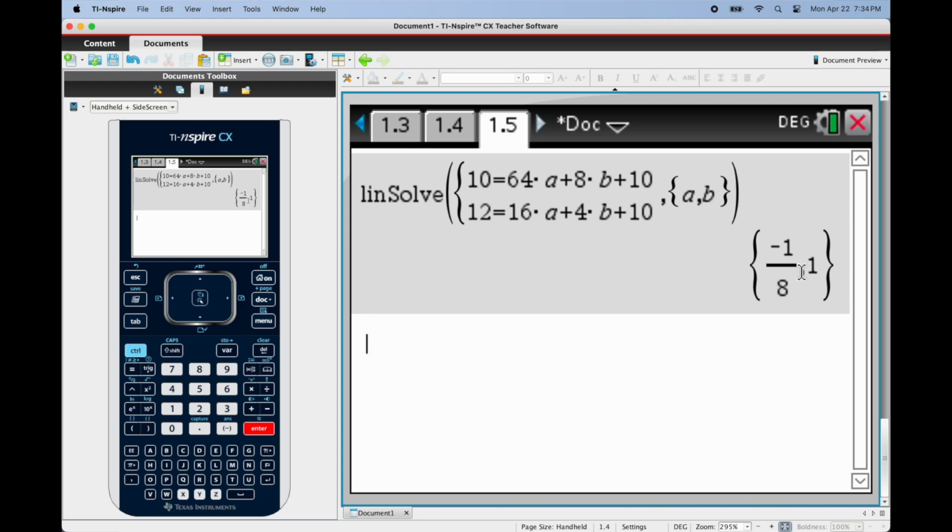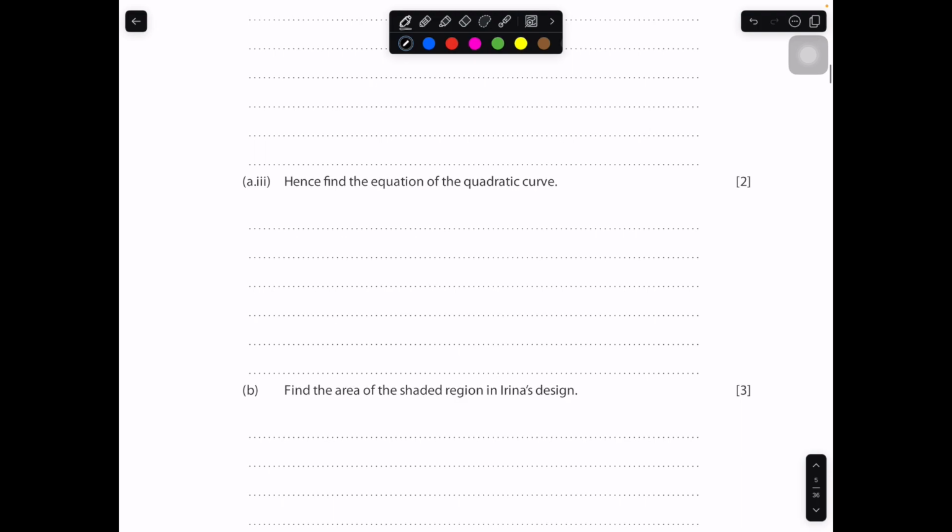So let's go and write that out in the document. So just returning, a is equal to negative 1 over 8, b is equal to 1, and our quadratic curve was in the form of y equals ax squared plus bx plus c.